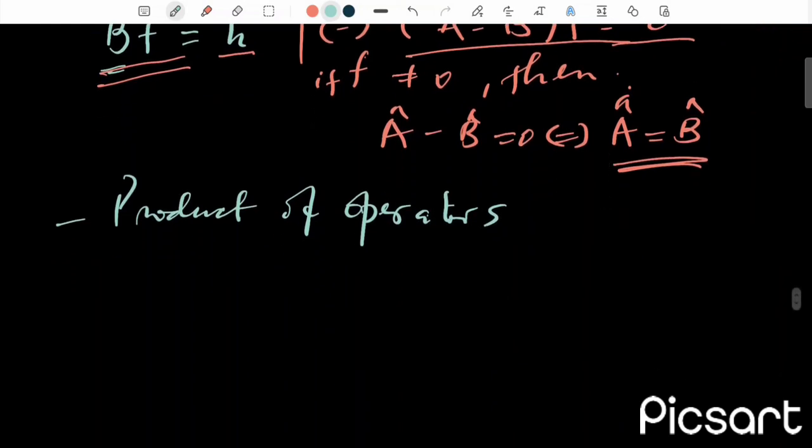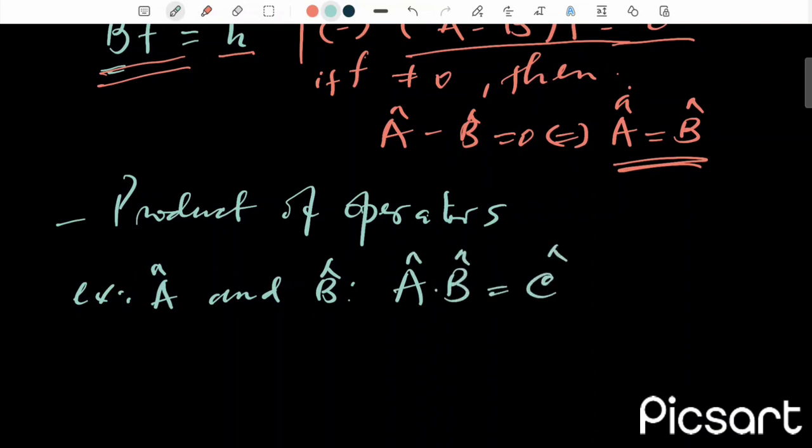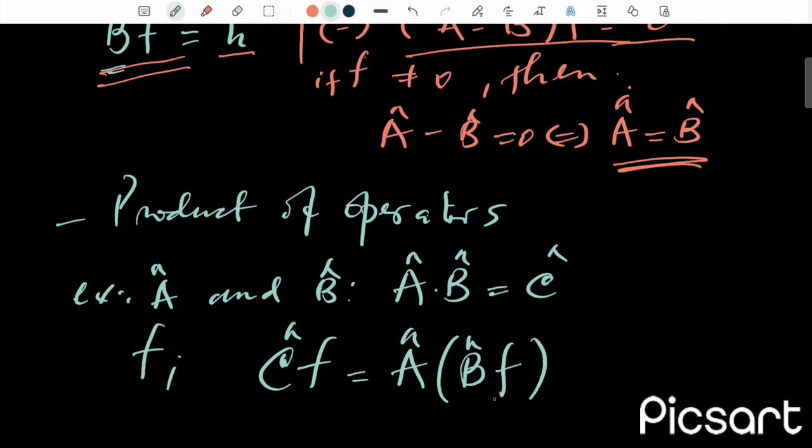A product of operators, for example, if you have A and B, their product A times B is equal to C. So if we have a function f and we apply C on f, we have the same thing as A acting on the function resulting from the action of B on f.